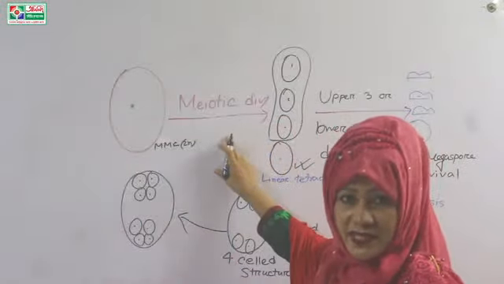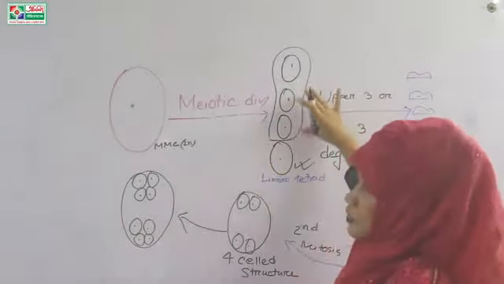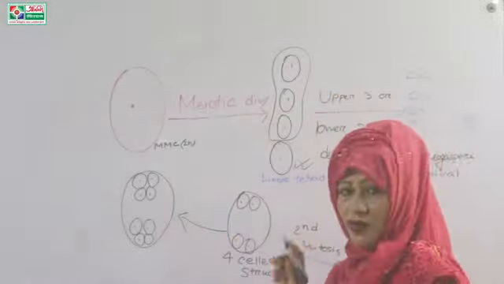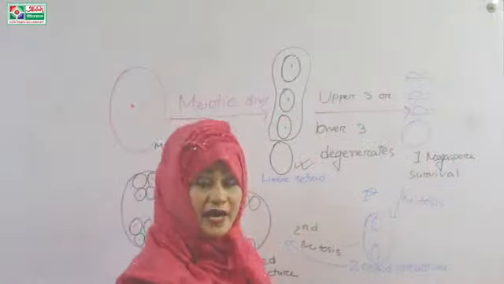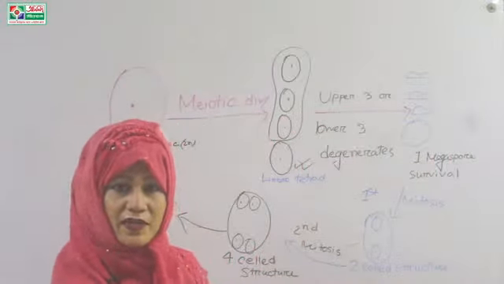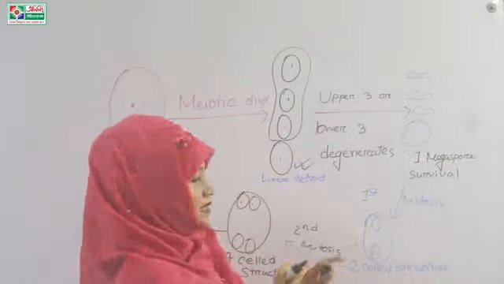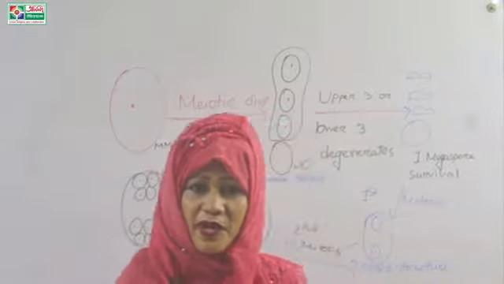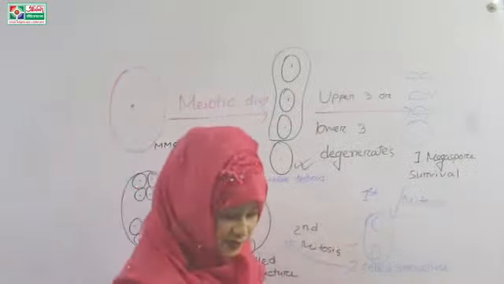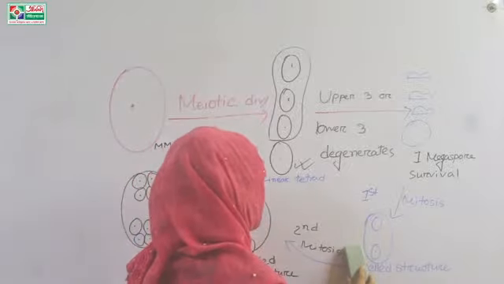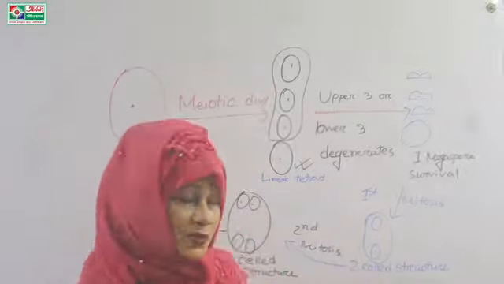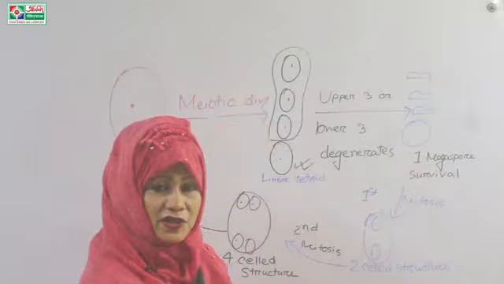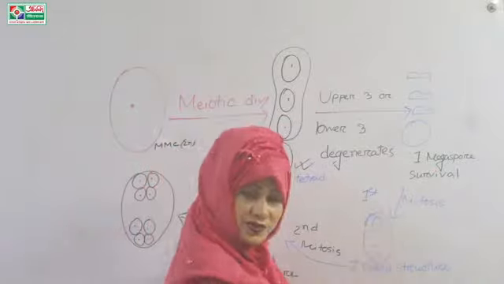First, meiosis: from 1 cell, 4 cells. 3 cells are degenerated and we are getting only 1 megaspore, and this megaspore will act as the functional megaspore. This functional megaspore will undergo first mitosis, and according to the law of mitosis, from 1 cell we get 2 cells.